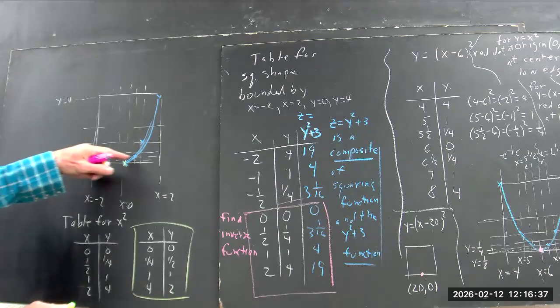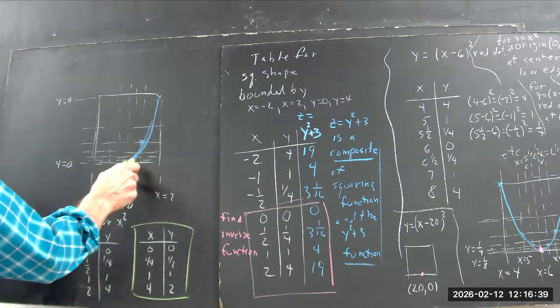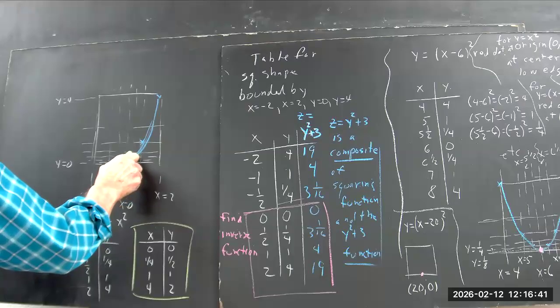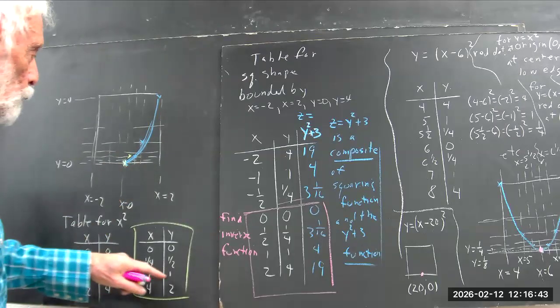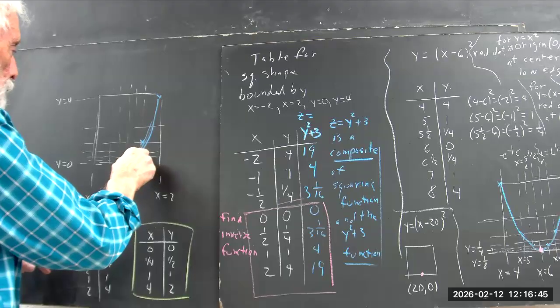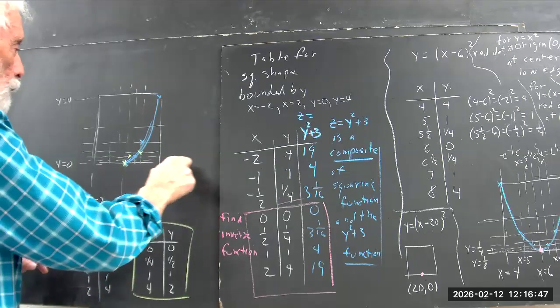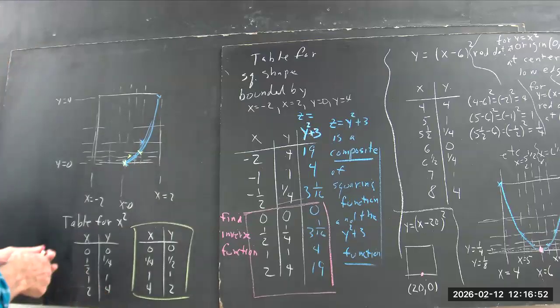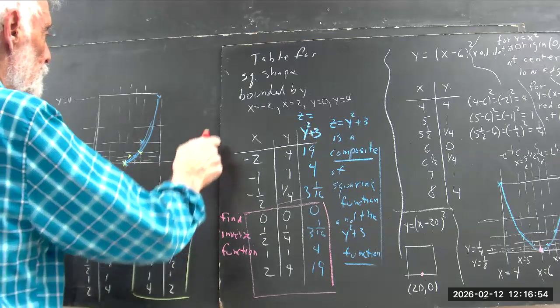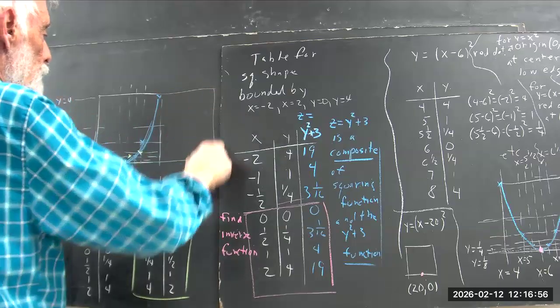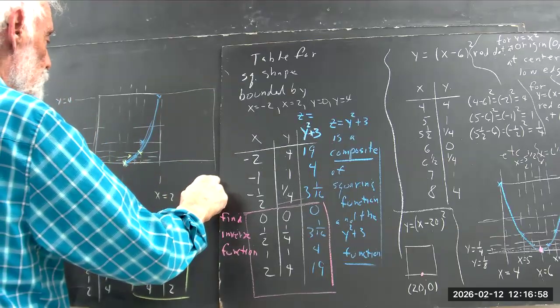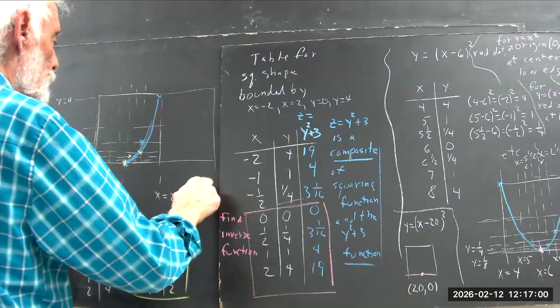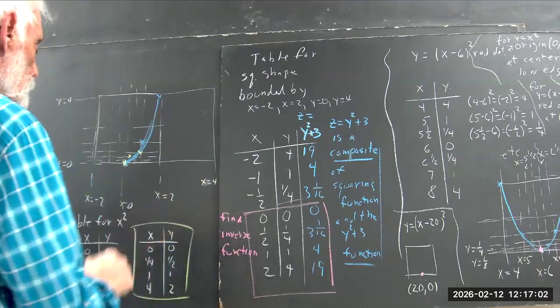Okay, now 1/2 is on this line, and 1/4 is between 0 and 1/2. So I would get a point here. And then 1, 1. Well, I've got that point on the graph. And then I've got to go all the way out to 4. So I'm going to have to extend my rectangle a little bit, out to x equals 4.